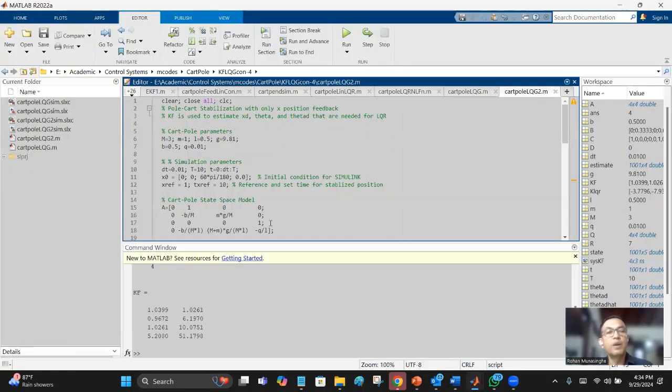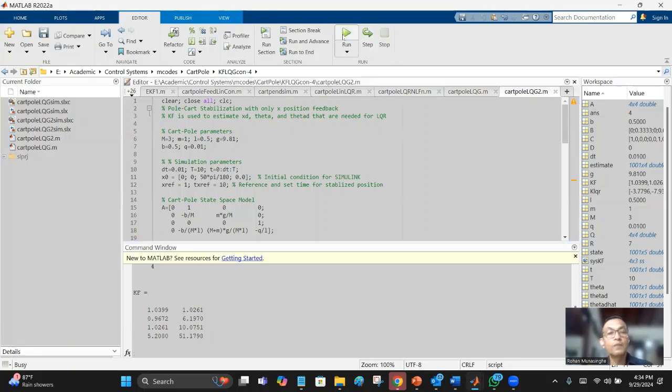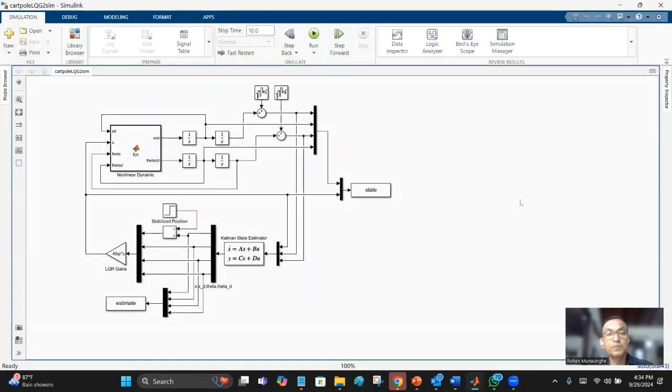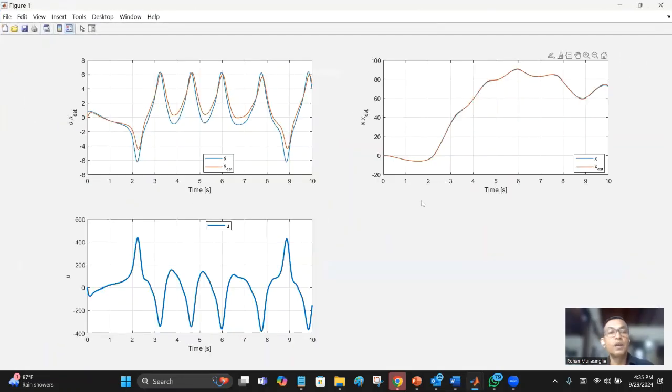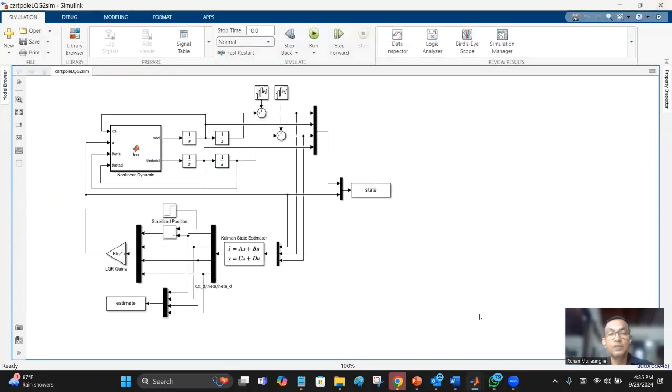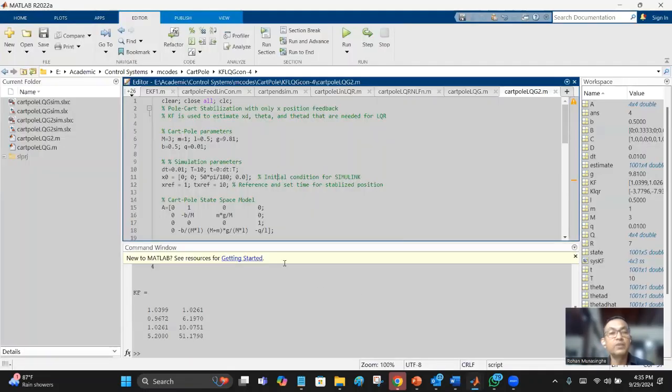So what about 50 degrees? Well, that is also not good. We can reduce it further to 45 degrees.